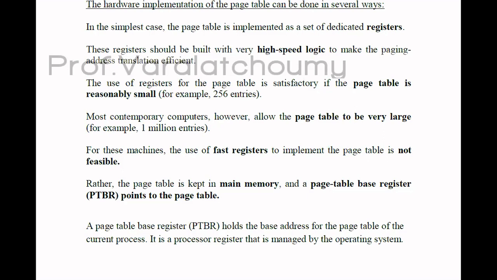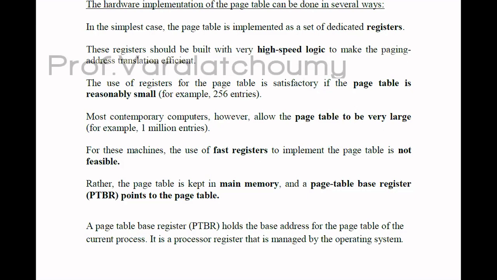Whenever a process is being executed, instructions are generated, and these instructions are given the logical address. With our understanding of paging, the logical address space is divided into pages, and the information regarding how these pages are mapped to the frames, the respective mapping between the pages and the frames, is stored in the page table. So now we are typically over here.